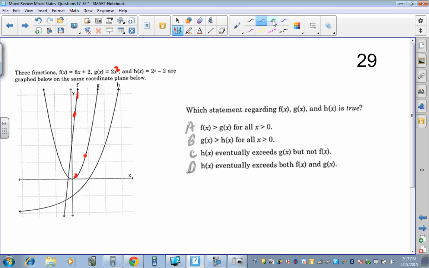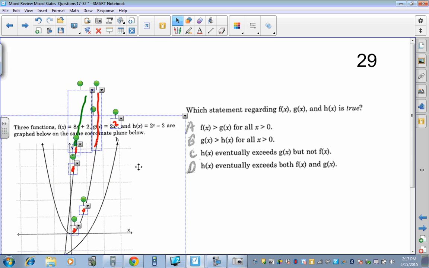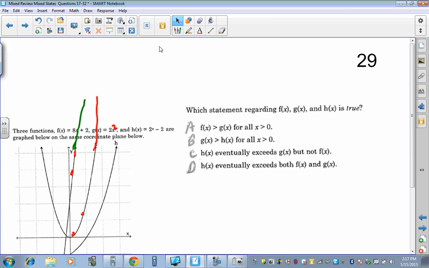But we know that linear keeps on growing at just the same rate. But then we also know that with parabolas, you can tell by looking at these graphs, if we keep on going, that's going to eventually look like this.